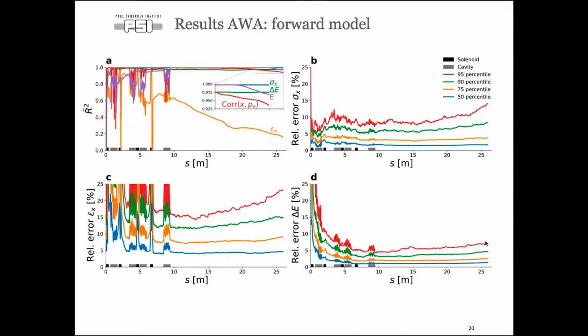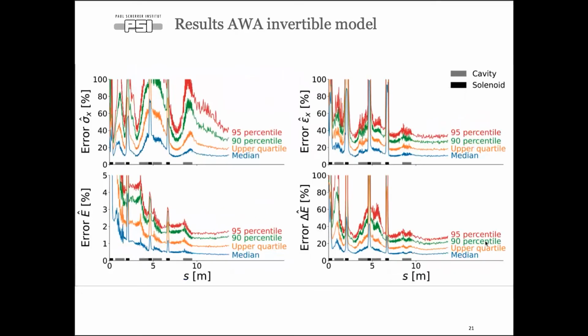So this was the forward surrogate model, and the results for the invertible surrogate model. To get those relative errors, we first gave some beam properties to the inverse model to get some machine settings, and then we used the invertible model again in the forward direction to predict the beam parameters from the machine settings.